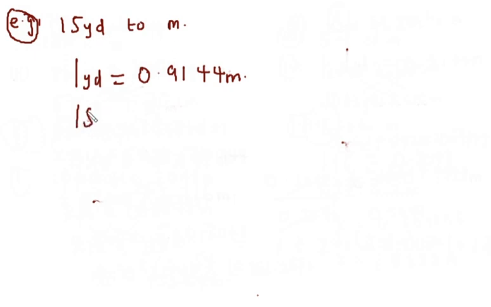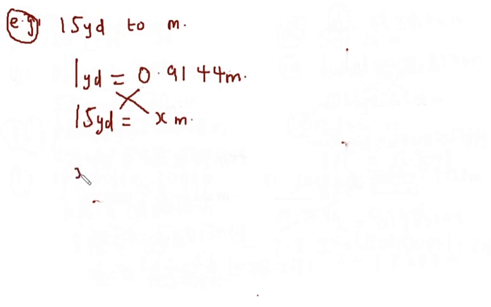In this case we are converting 15 yards to meters. Since we do not know the equivalent value in meters, we represent it using x meters. For the value of x, we cross multiply.